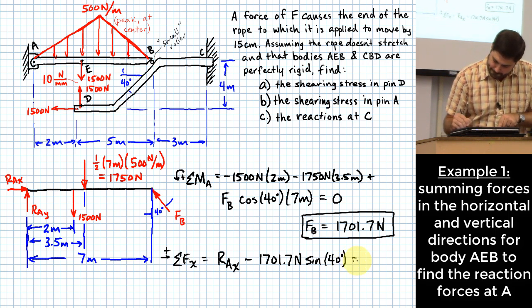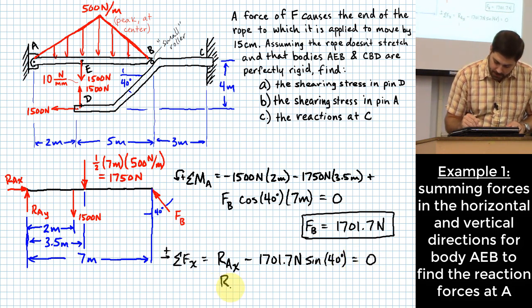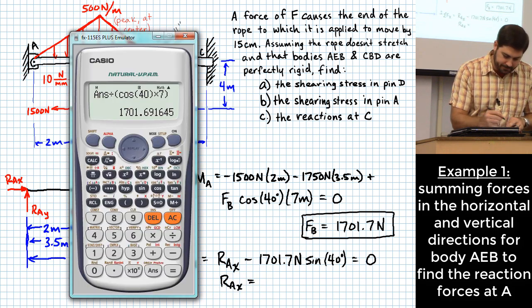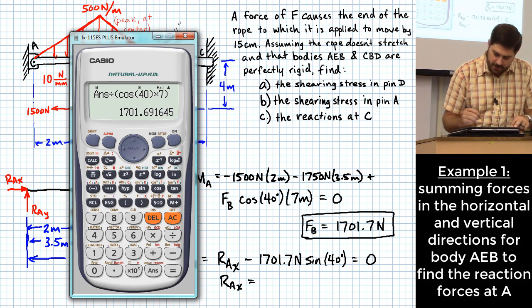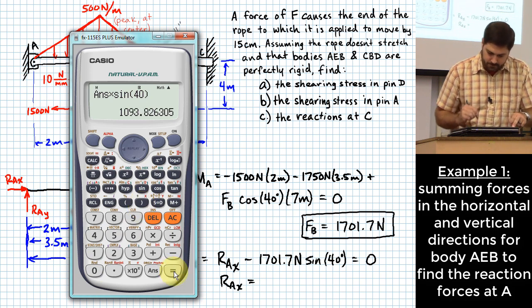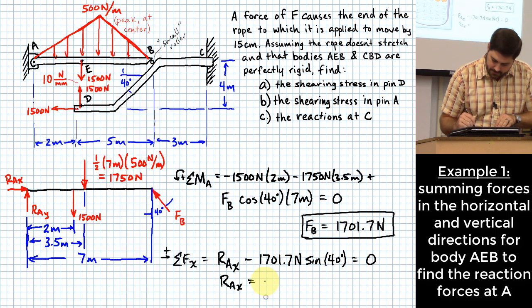Okay. And this will be summing to 0. So RAX ends up being just 1701 times the sine of 40 degrees, 1093.8 newtons.